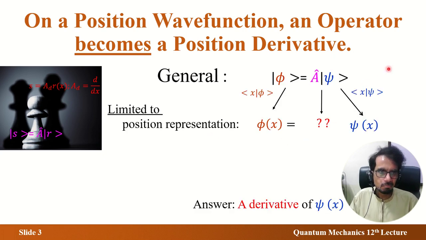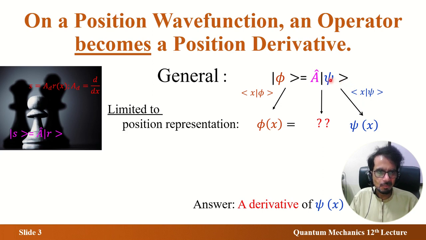And this is so essential that I better revise it before proceeding further. There is nothing new, it's just a revision of what I said in the previous slide. The general result is this: when you specialize to discrete, as I did in the previous slide, a ket becomes a column, and now I say we specialize to continuous.